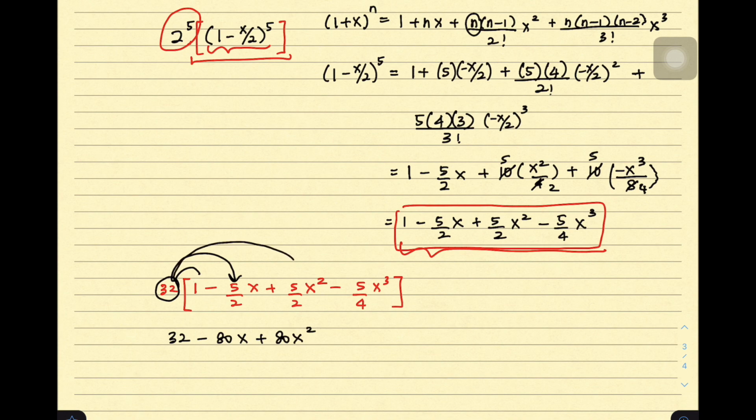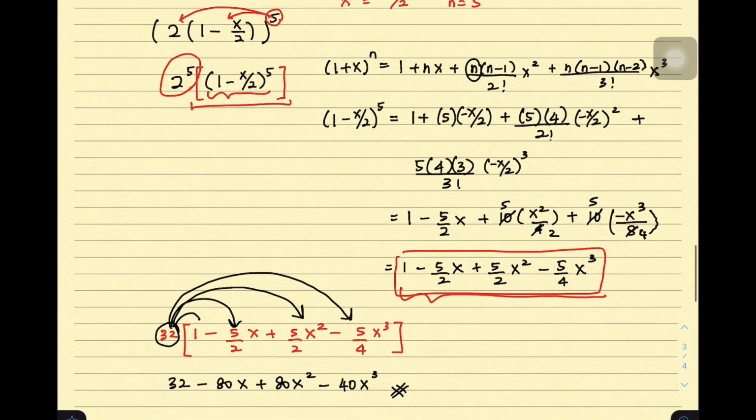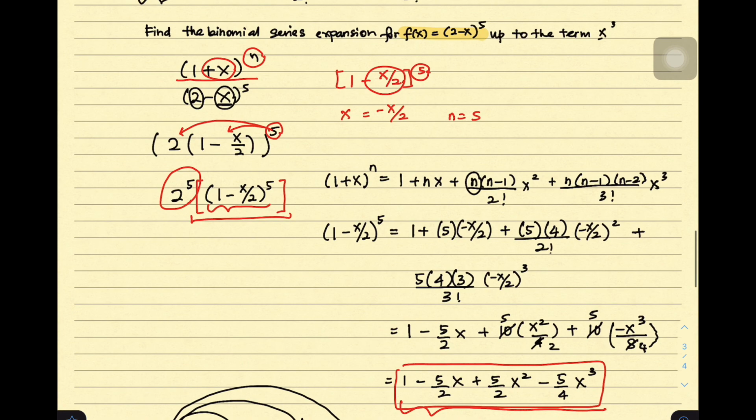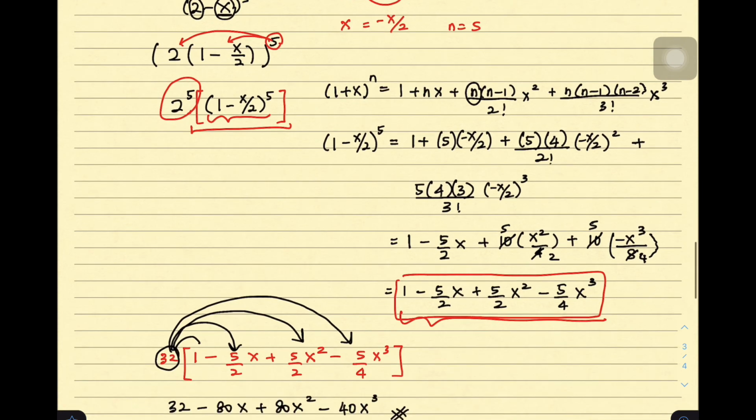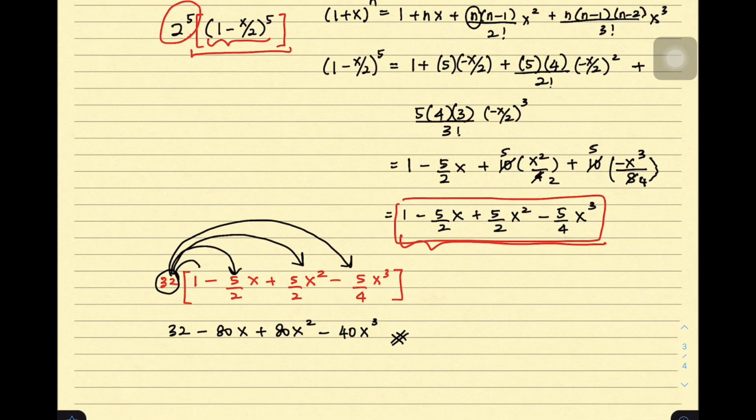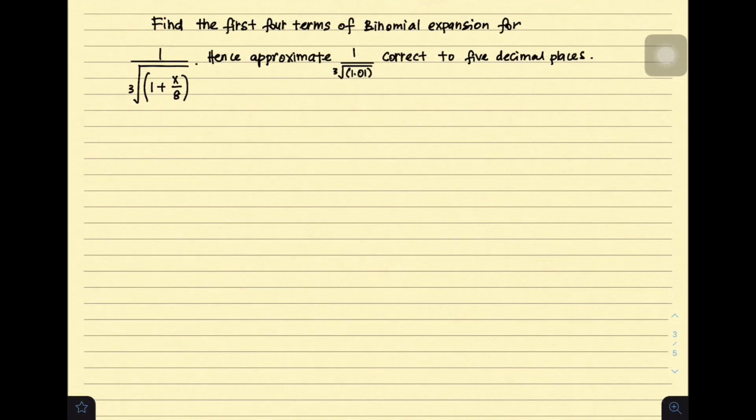Darab 32 darab dengan 5/2x square. Now 32 darab dengan negatif 5/4, so dia akan dapat negatif 40x cube. So inilah dia the expansion of 2 minus x to the power of 5. Right? Okay, kita tengok another example.